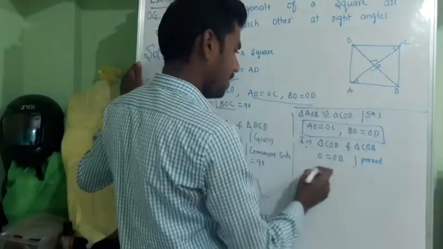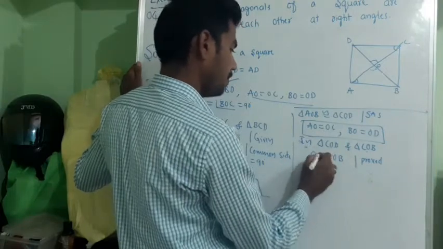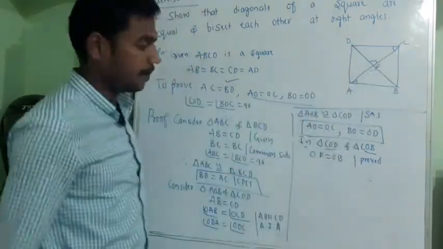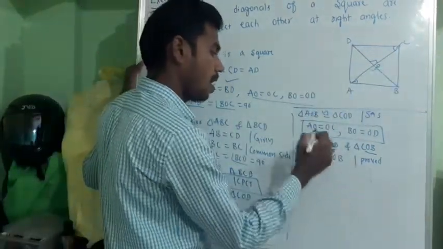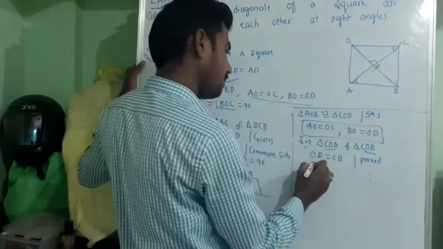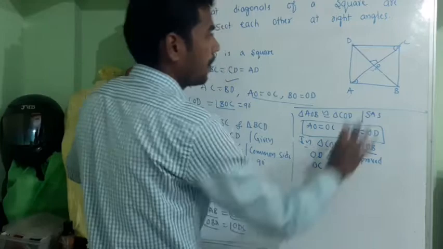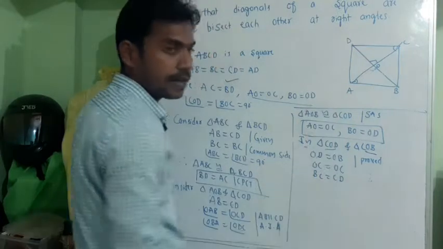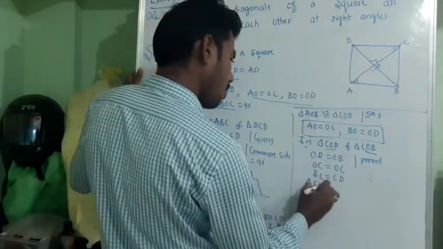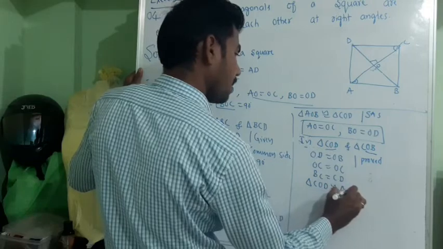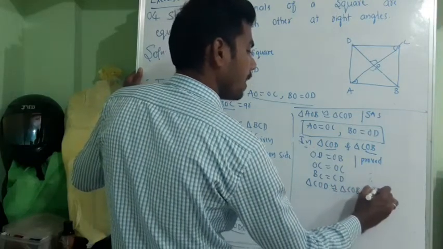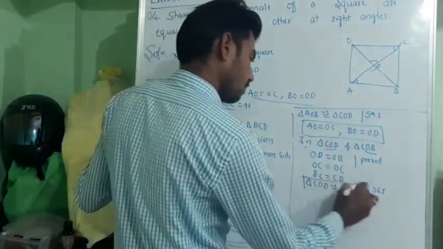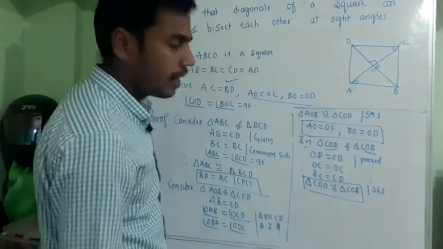BO is equal to OD, which we just proved, so in triangle COD and COB, OD is equal to OB. And after that, OC is common. And BC is equal to CD, sides of a square are equal. Therefore, triangle COD is congruent to triangle COB. This is from the SSS congruence criterion. Now, so next what can I write?